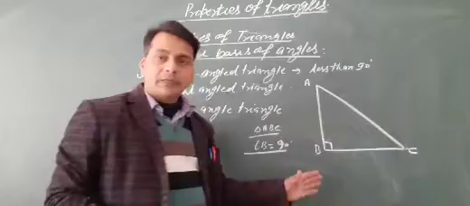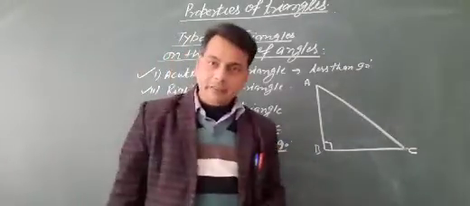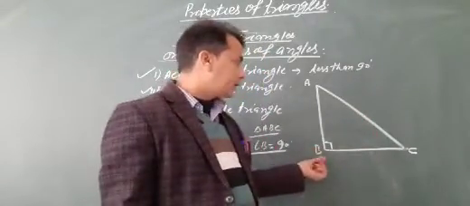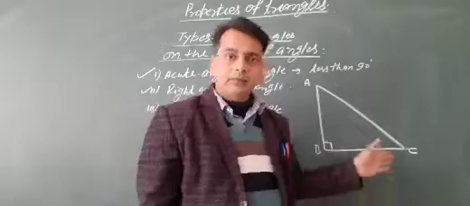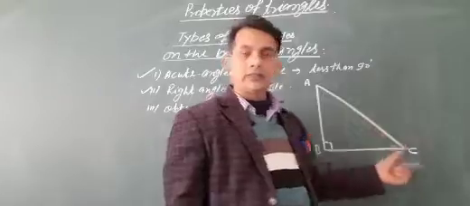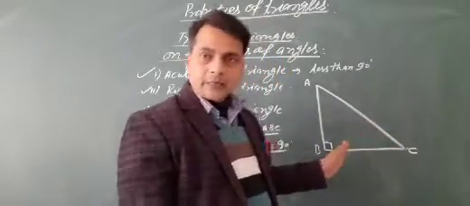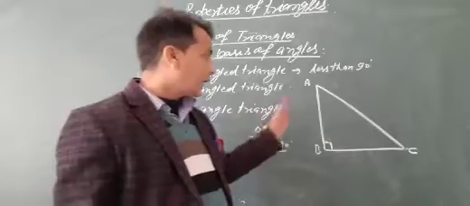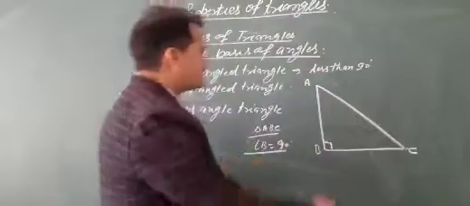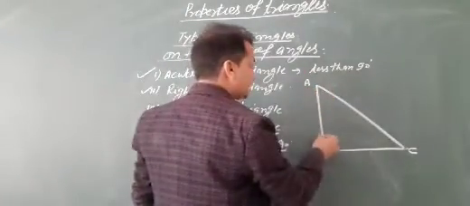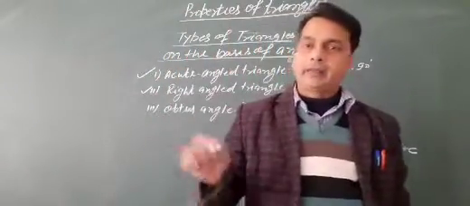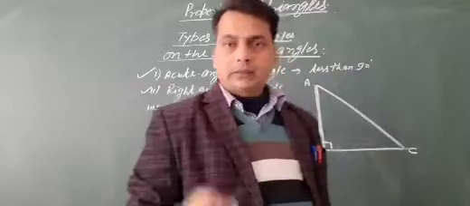So this type of triangle is known as the right angle triangle, because in triangle ABC one angle is 90 degrees, and the sum of the remaining angles A and C is 90 degrees, because the sum of the angles in any triangle is 180 degrees.